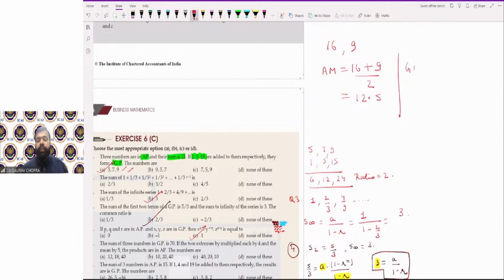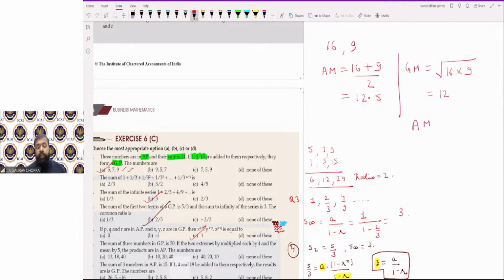Then अगर आप geometric mean calculate करते हैं, it is root of 16 into 9. 144 का root, that is 12. So arithmetic mean is 12.5, geometric mean is 12.